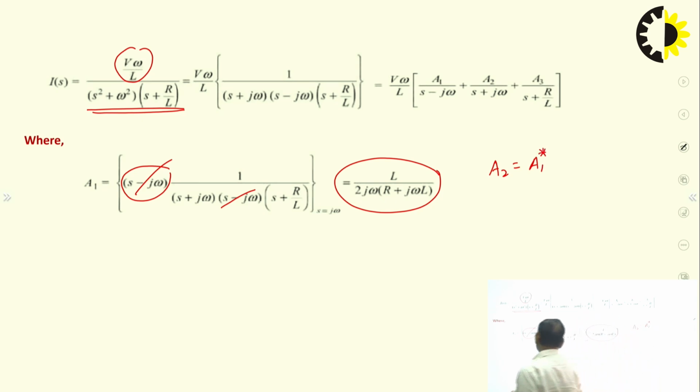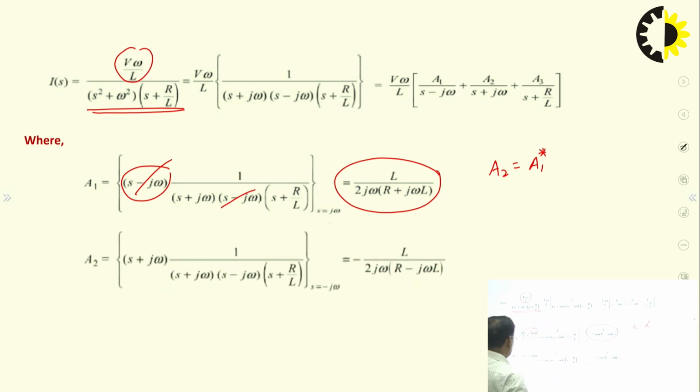So straight away we can write, this is twice j omega R minus j omega L. This is the value of A2. This is the Heaviside expansion theorem: s plus j omega into the whole term, this and this cancel out, and put s equal to minus j omega here. So we get this.